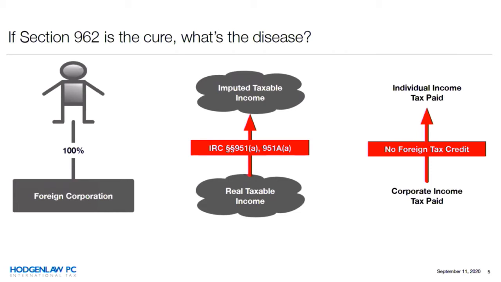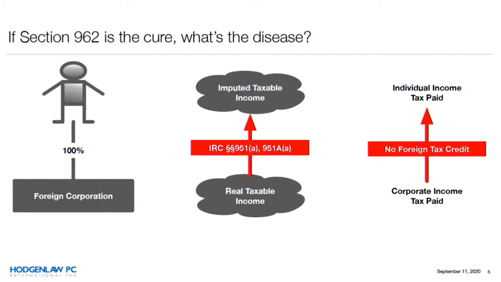And the big problem you face here is that you've got double taxation of the same blob of net profits, corporate level in a foreign country, individual level in the United States, and there's no ability to take the foreign tax credit just by default by the individual. And so you end up with a double taxation problem.